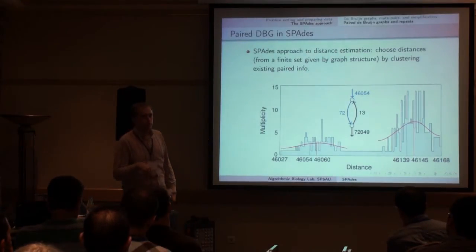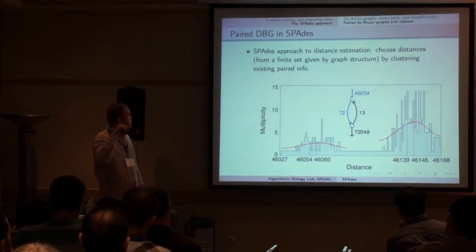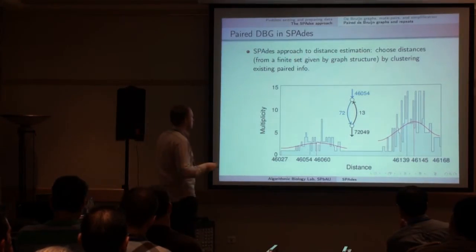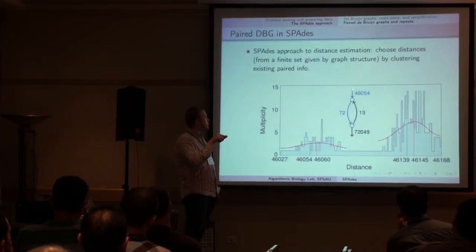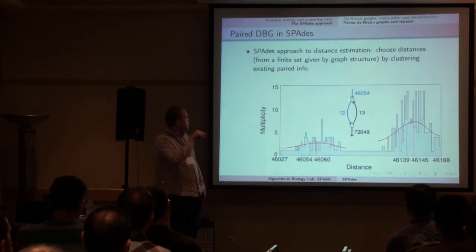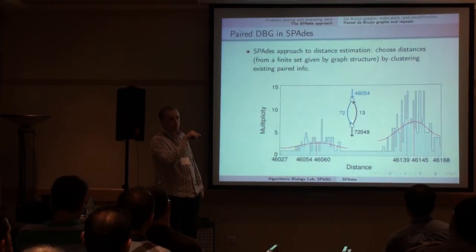Okay? And if you look at the distribution of the paired end reads and paired end distances, how they align on these edges, then you see two clusters here. You see that there is one cluster that corresponds to paired information coming from here to here with distance 0 here, and another cluster of paired information that comes from here to here with distance corresponding to this loop and then this edge.